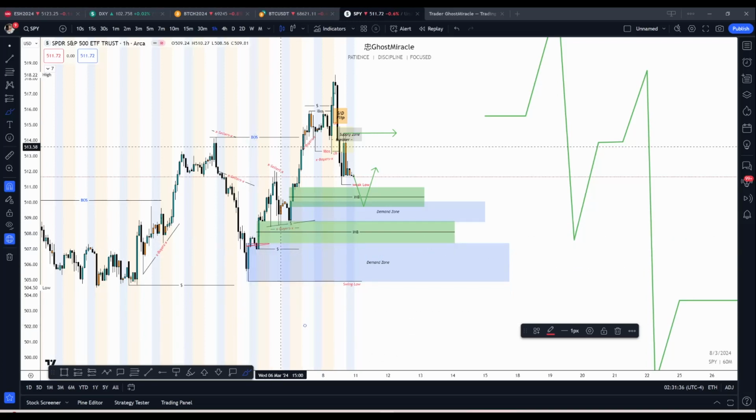Price closed above this high, right? And then it came back, tapped into this order block, and then took off to the upside. That's what I mean by entry model 8 on the higher time frame.